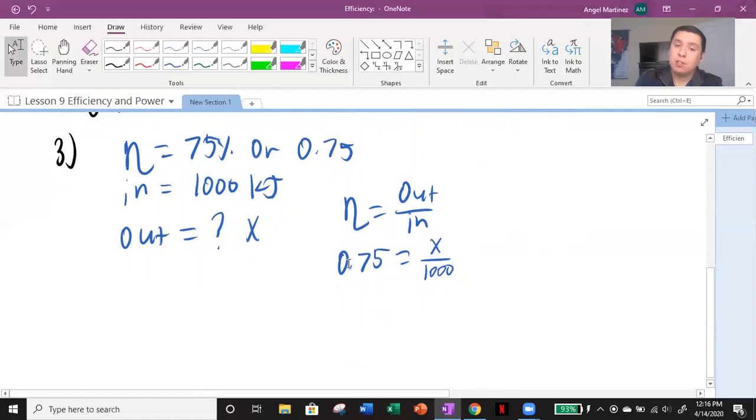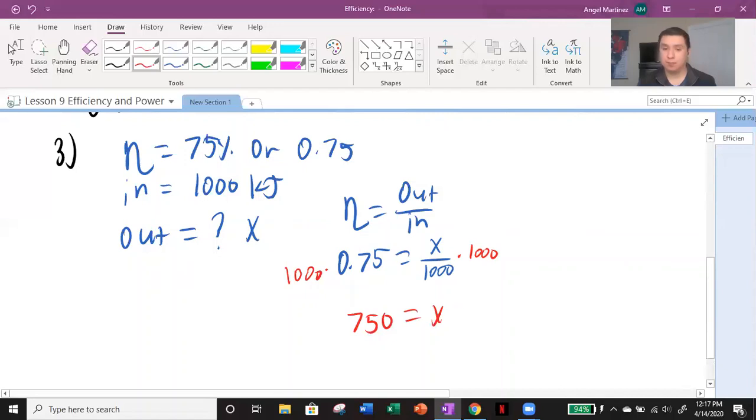We have the efficiency and the input energy, we just need to find the output energy. You multiply 1,000 to both sides. So 1,000 times 0.75 is 750, which equals X. We can work backwards, basically.